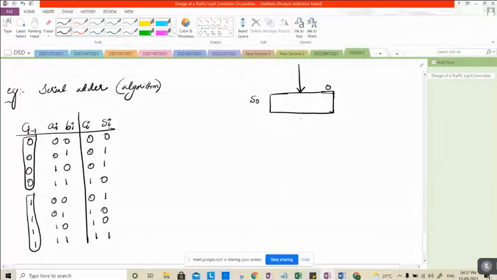Now here, depending upon the AB values, tell me what will happen.